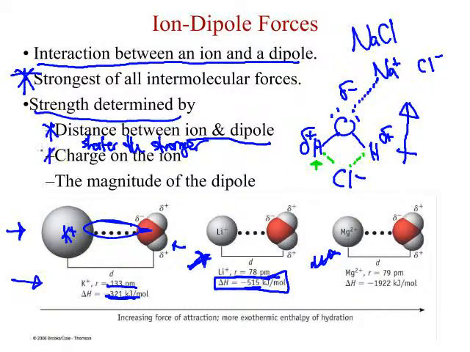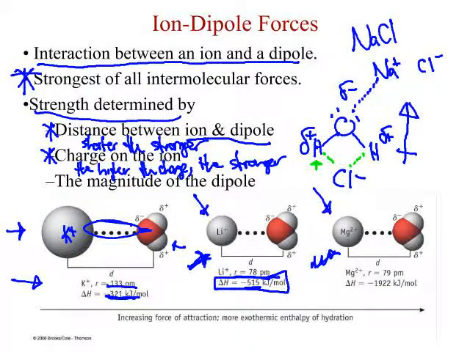The second thing that affects it is the charge on the ion. Obviously, the higher the charge on the ion, the stronger the attraction is going to be. If again we consider the lithium plus cation and we compare that to the interaction between magnesium 2 plus and the water molecule, these have pretty much the same distance between the ion and the water molecule.